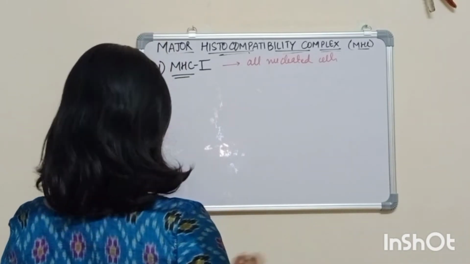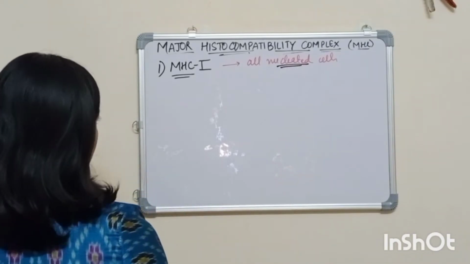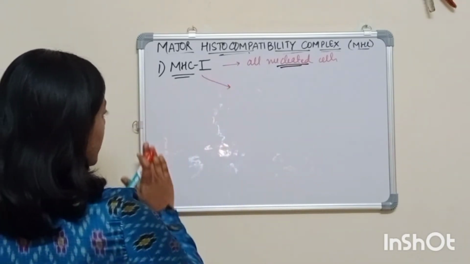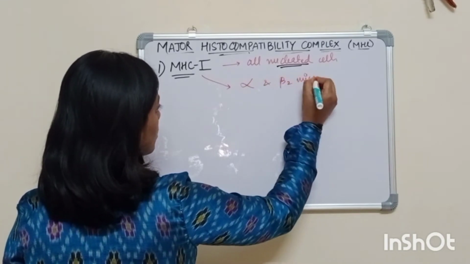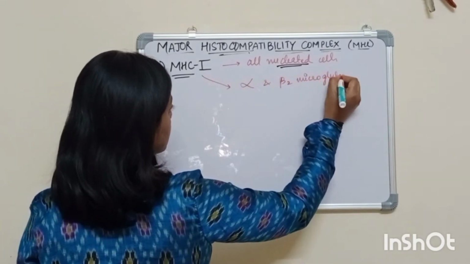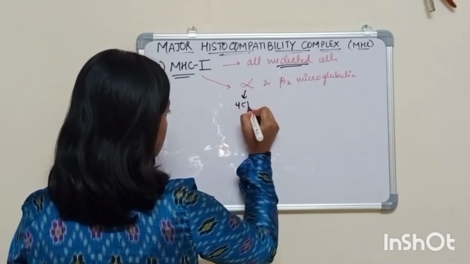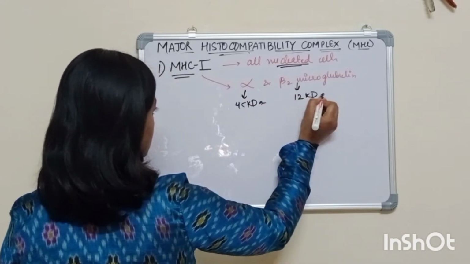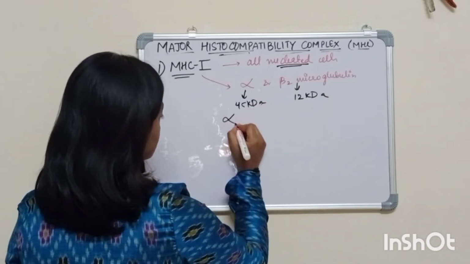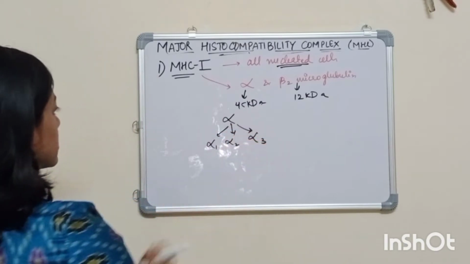Now MHC1 is made up of alpha and beta 2 microglobulin. Alpha is of 45 kilodalton and beta 2 microglobulin is of 12 kilodalton. Alpha has alpha 1, alpha 2 and alpha 3.